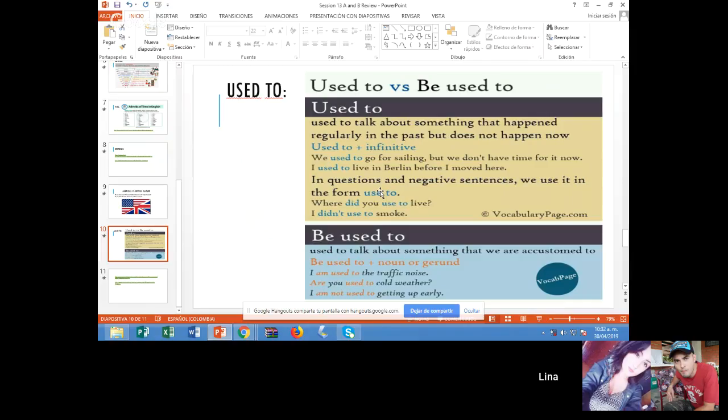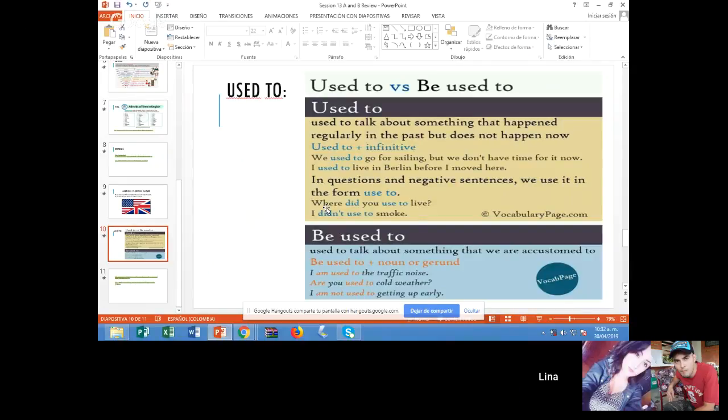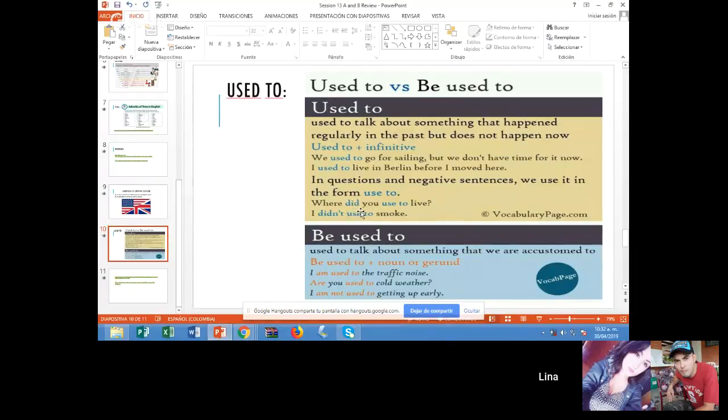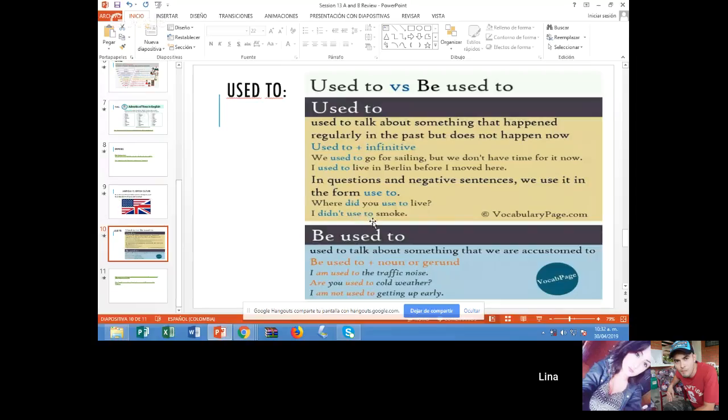Now we remove the d, and we use the auxiliary did. Remember, the auxiliary did is for things that happened in the past. So, where did you use to live? I didn't use to smoke. Like you can see here, we have the auxiliary did negative, but we remove the d from used to.